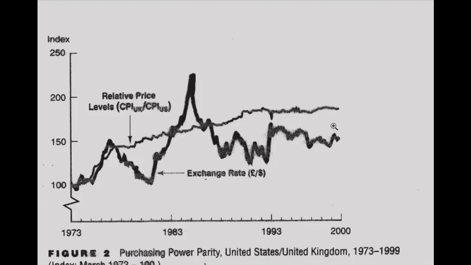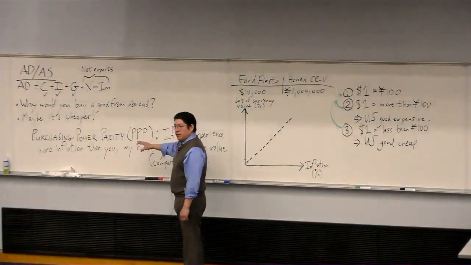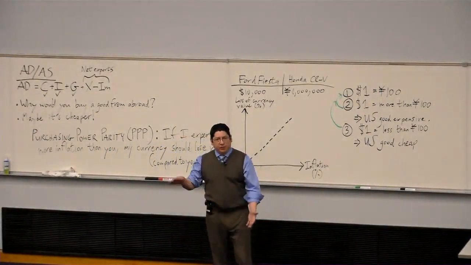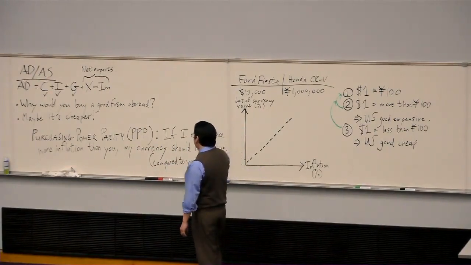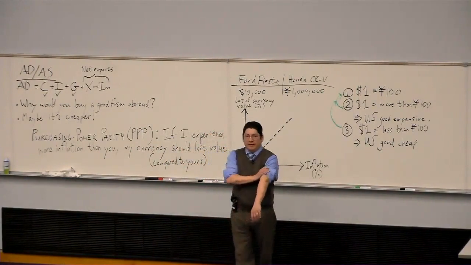I think the logic of purchasing power parity is clear, but why would it be that on a day-to-day basis, purchasing power parity isn't predicting exchange rates, but it's sort of putting some bounds on how far away our exchange rate can wander off from the predictions of purchasing power parity?